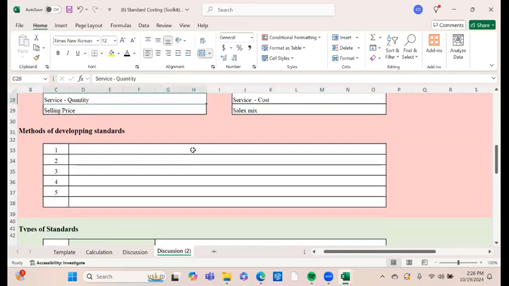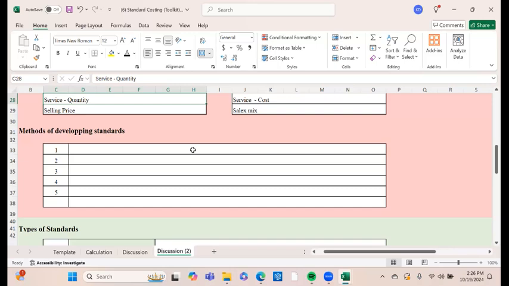Now, methods of developing standards. Let us say you want to develop a particular type of standard. How do you think people, or in your experience, prepare these standards? Let us say a manufacturing organization wants a standard cost statement before you do costing, even before you offer a particular product.